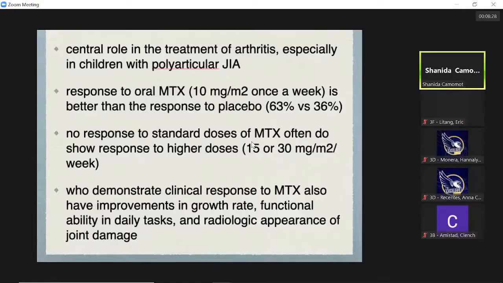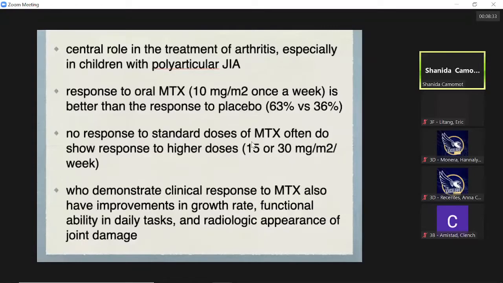No? Those who demonstrate clinical response to methotrexate also have improvements in the growth rate, functional ability in daily tasks, and even the radiologic appearance of the joint damage.